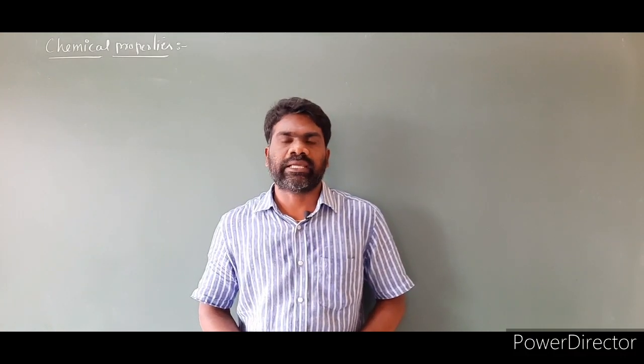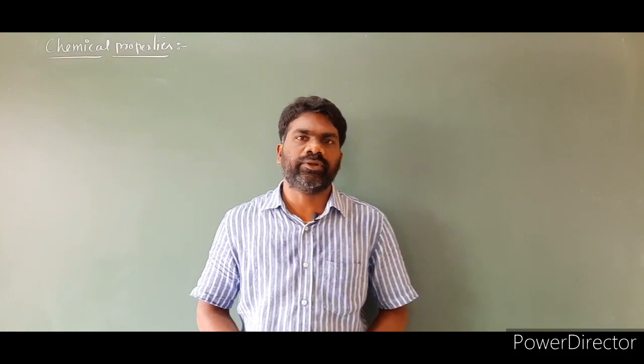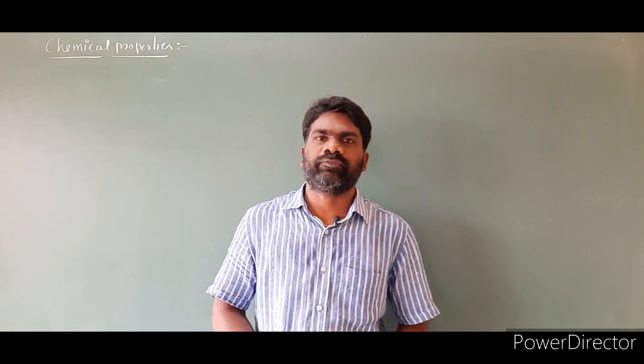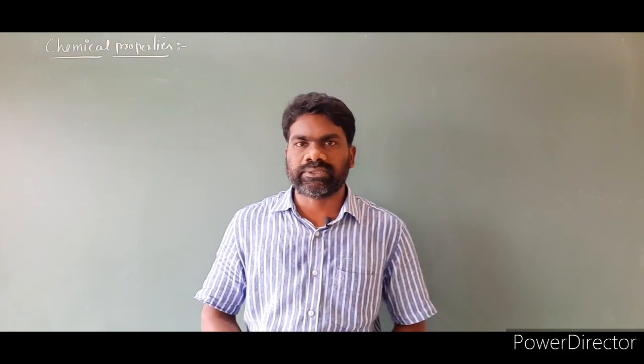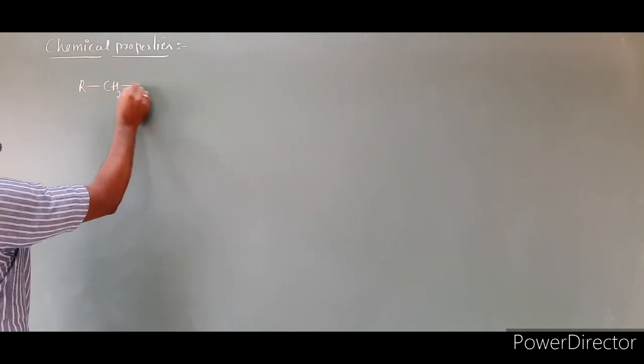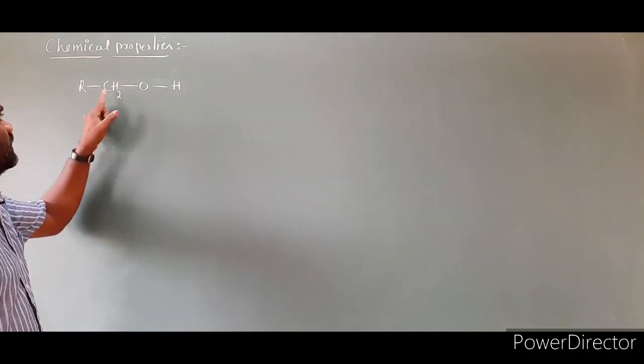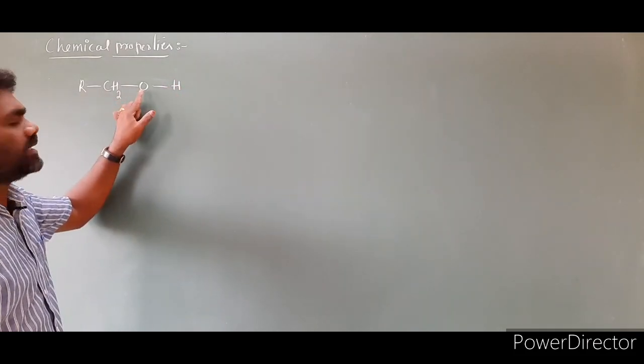The next topic is chemical properties of alcohol. The chemical reactions of alcohols are divided into two types on the basis of cleavage of the carbon-oxygen bond and the OH bond. Let us understand by taking an example. I am taking the alcohol RCH2OH. In between the carbon and oxygen there is a bond.